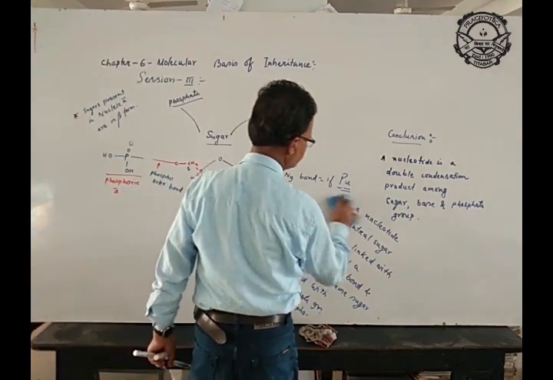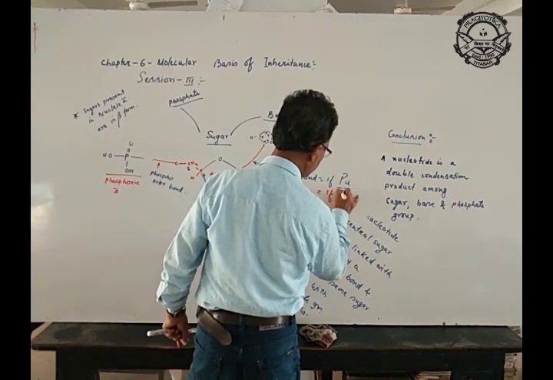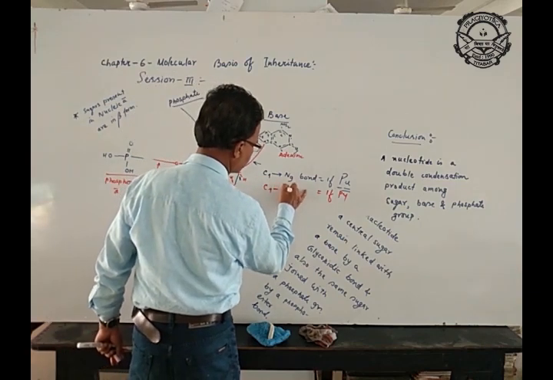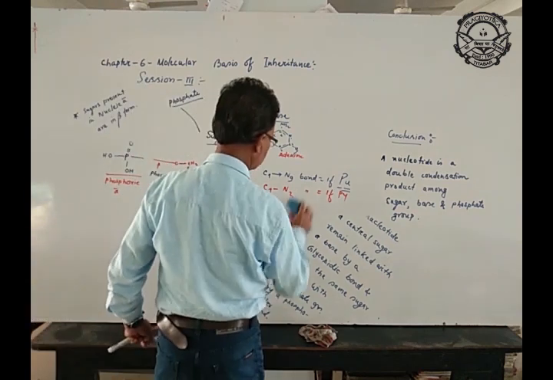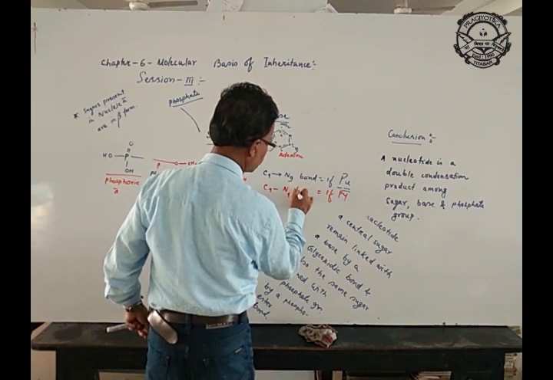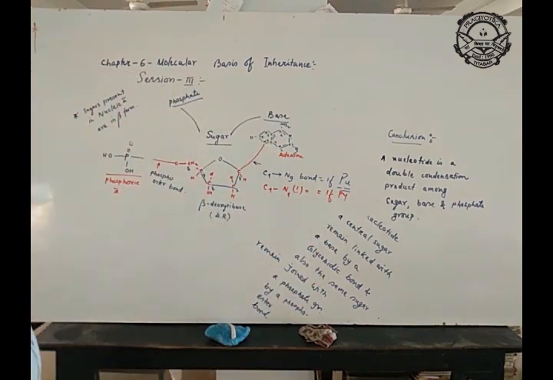Next, if the base is pyrimidine, then the bond will be C1N3 or C1N1. There is a controversy here.